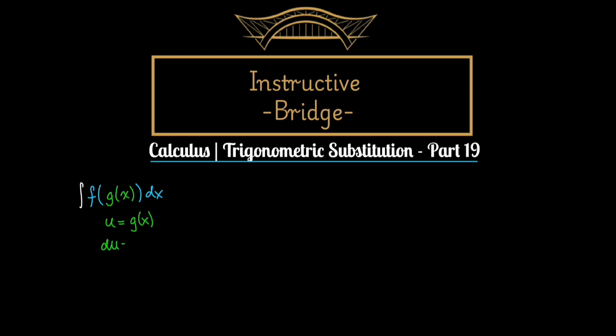Then we have to compute the derivative of u so that we can replace dx with du. And then our integral is going to become the following. We'll be integrating f of u du, and our new variable is going to be u. After that, we compute the integrals, and finally plug the substitution back into the antiderivative function for the final answer.